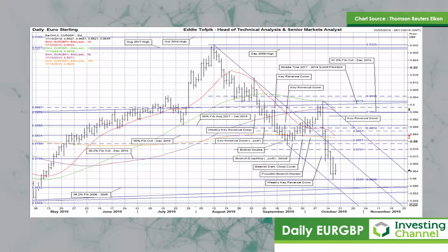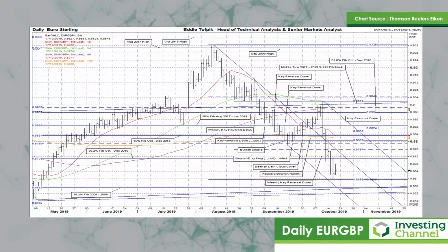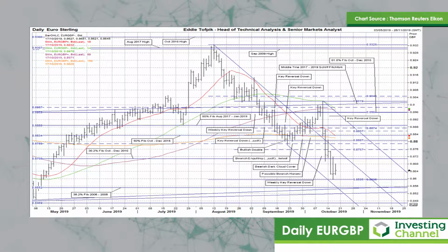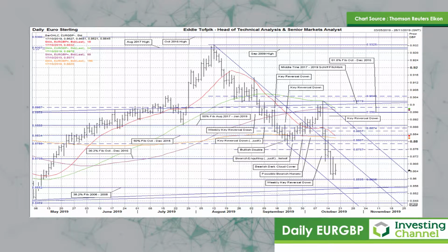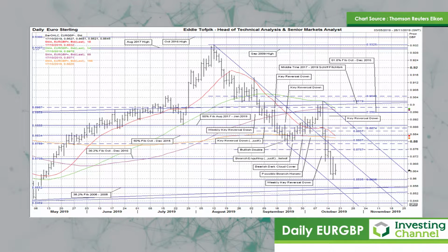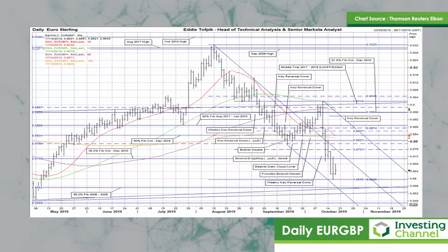It nevertheless is the second consecutive close below the seemingly important 38.2% Fibonacci line of the October-December 2016 move at 87.08 and into the congestion from March to April this year between roughly 85.20 and 86.80. This is what I was referring to earlier. All this ties in with a follow-on to last week's weekly key reversal down.